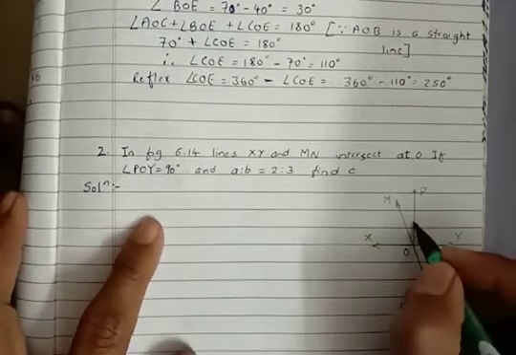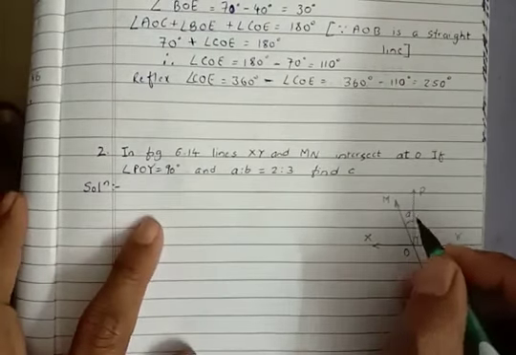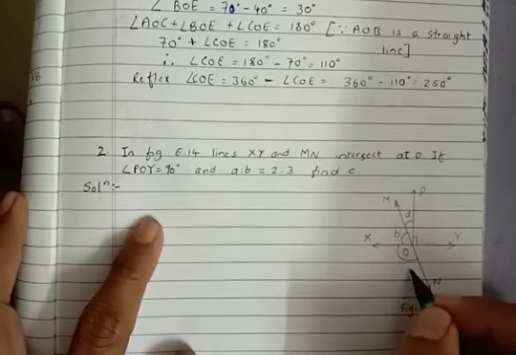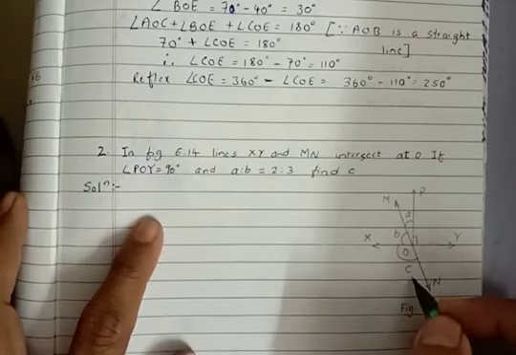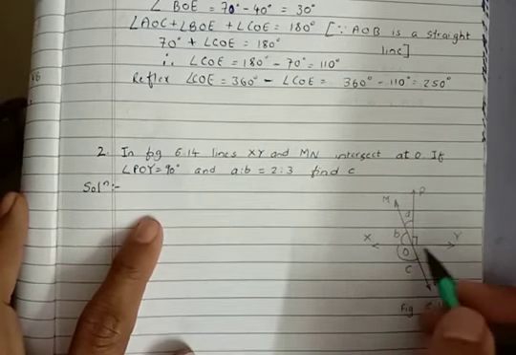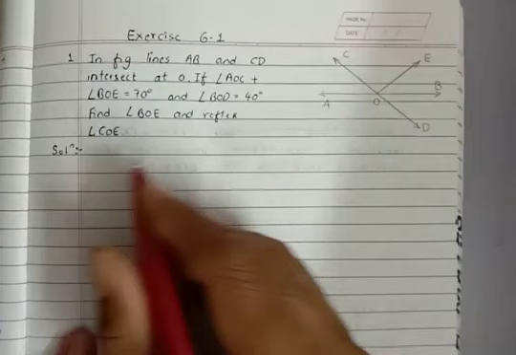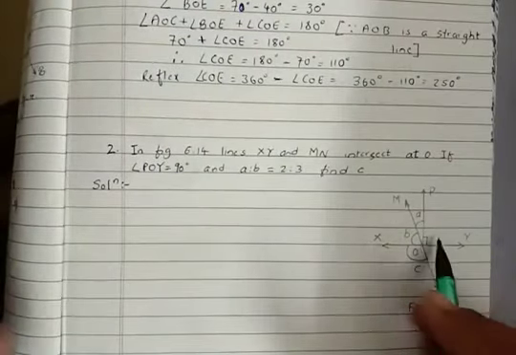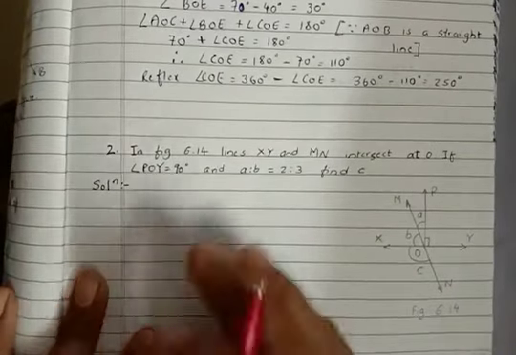Now where is a? This one is a and this one is b and this one is c, okay? And POY is... okay. So how will we solve this?